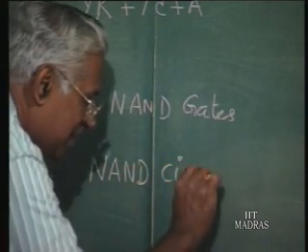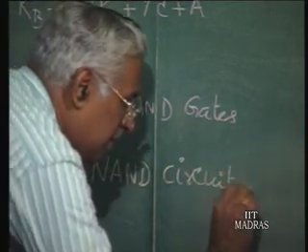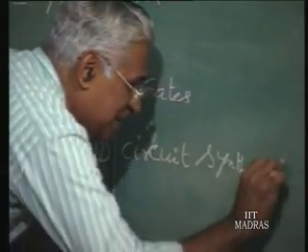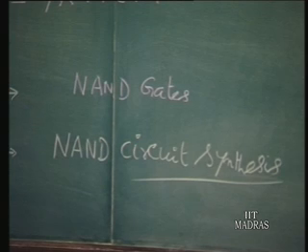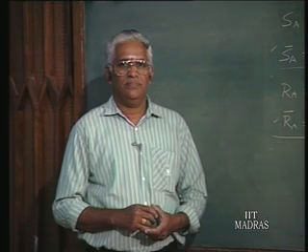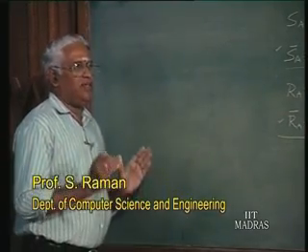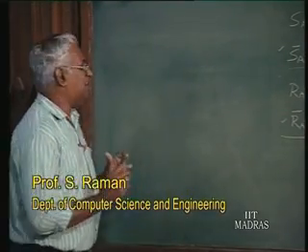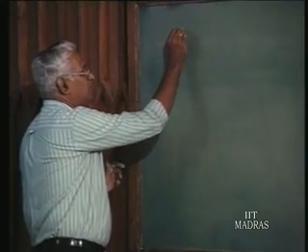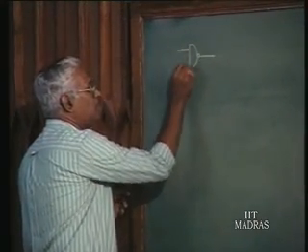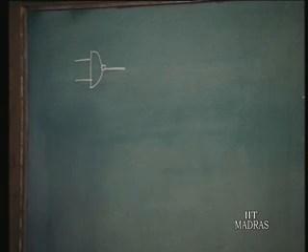Maybe some of you are familiar; I do not expect all of you to be familiar. So, let us work out the NAND circuit synthesis and then implement this. The NAND circuit synthesis is about synthesizing a logic system using only NAND gates. Suppose you have got only NAND gates, how would you synthesize the whole logic?